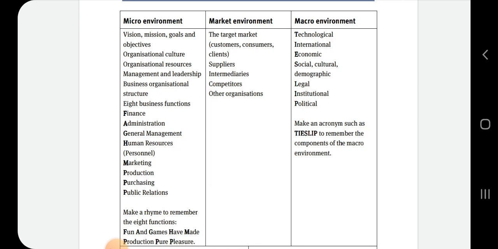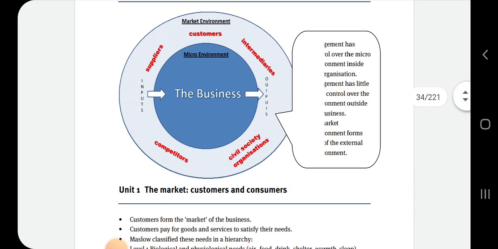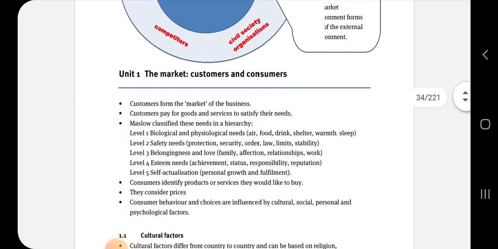Remember, we have suppliers, customers, intermediaries, civil society organizations and competitors under the market environment. Inside the blue shaded circle, we have the micro environment, which is the business, and just outside the business is the market environment.